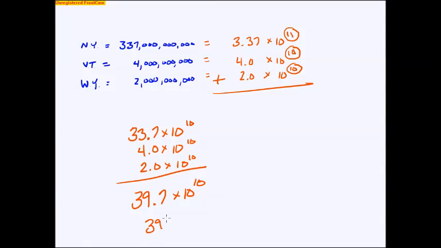So I'd have 397. 1, 2, 3, 4, 5, 6, 7, 8, 9. So if I add New York's, Vermont's, and Wyoming's debt altogether, that's a pretty big number, $397 trillion.